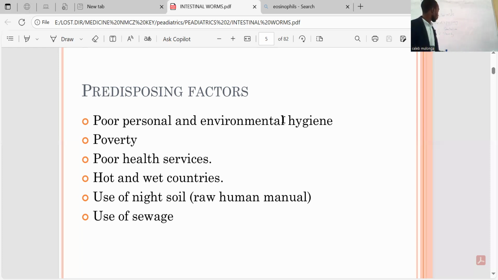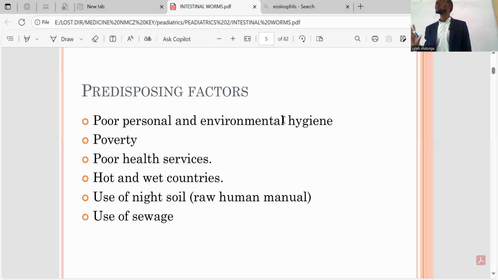Number three, the third one is poor health services. When we talk about poor health services, we're simply talking about us as communities not being offered enough health services, as health facilities to the communities.